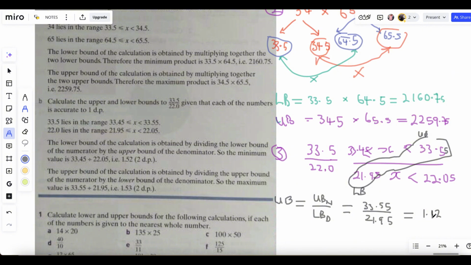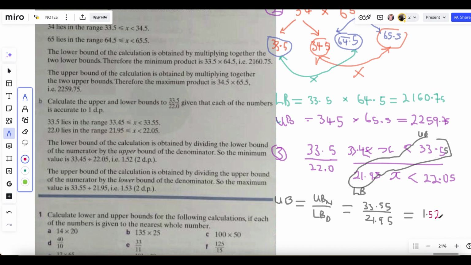Okay, we pressed the wrong thing in the calculator. We get 1.52, maybe approximately 1.53 because it's 528 something.